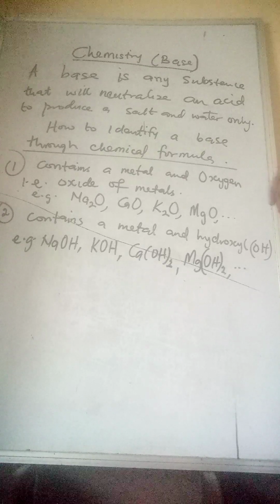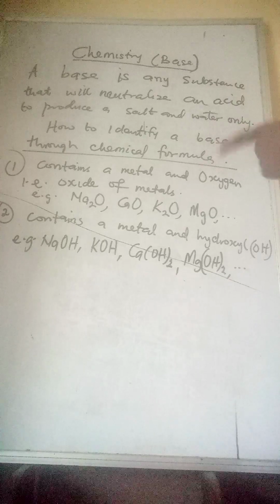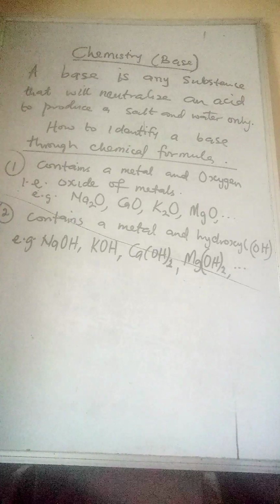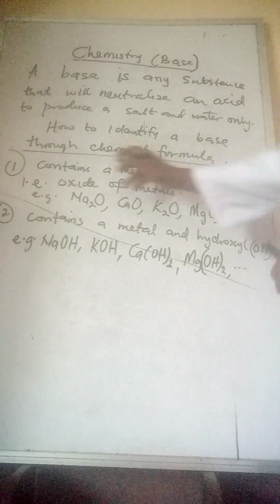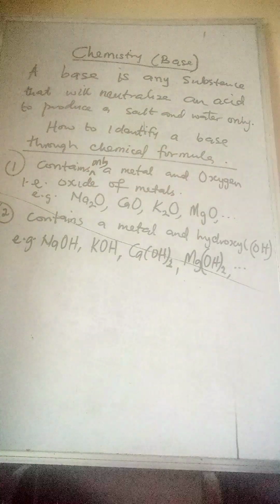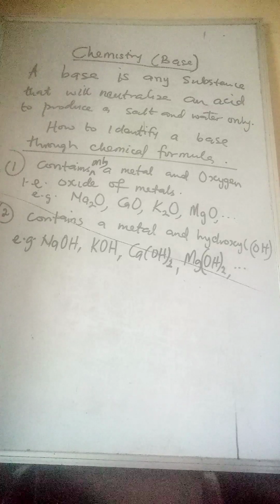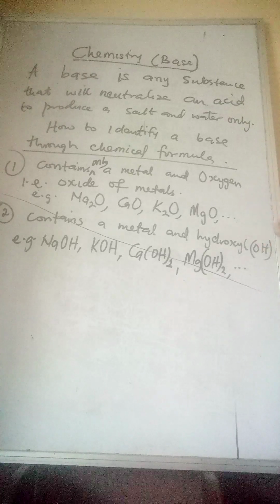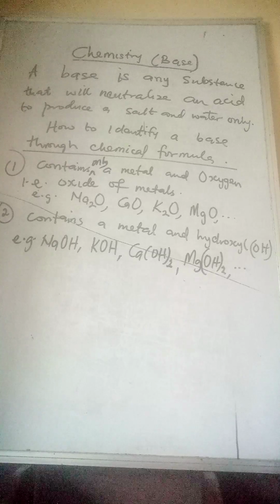Or let me say, every formula of a base contains only a metal and oxygen. Only. Yes, that means it will contain only those two elements, a metal and oxygen combined together.